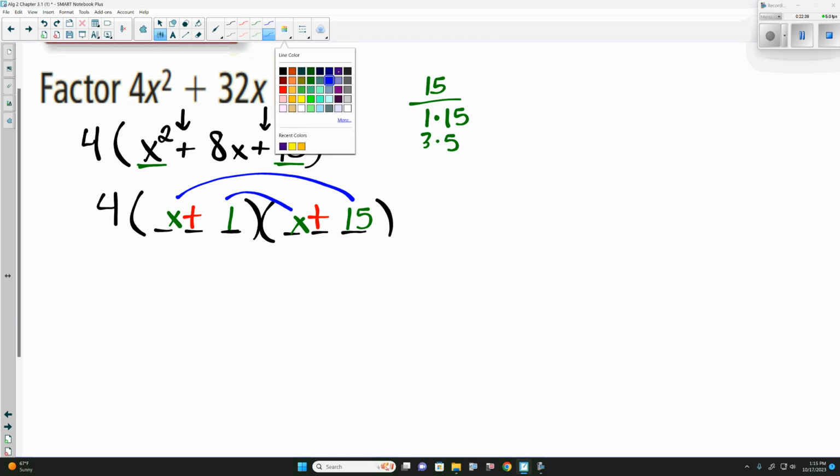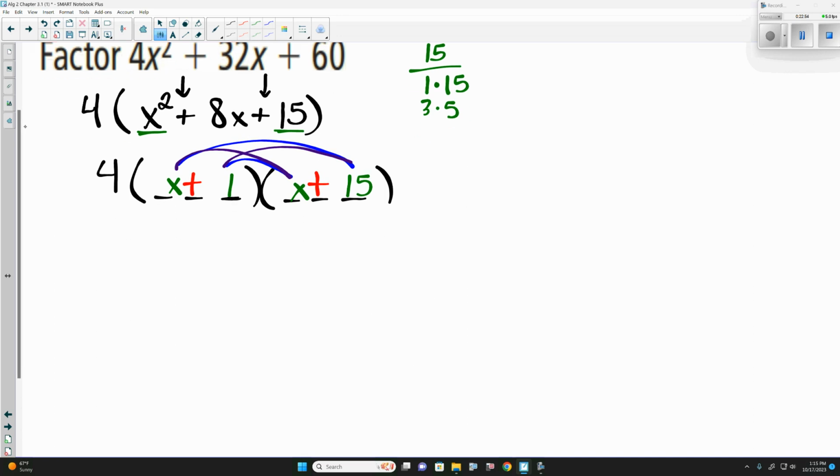Now, the ones that are not as important to check are these 2 here, because x times x is still x squared, yes? 1 times 15 is still 15. Those are always going to be the same no matter what the setup is. But when we check this middle term, x times 15 is 15x. 1 times x is plus x.